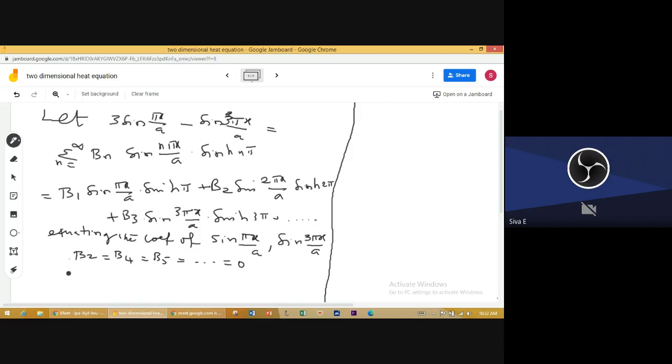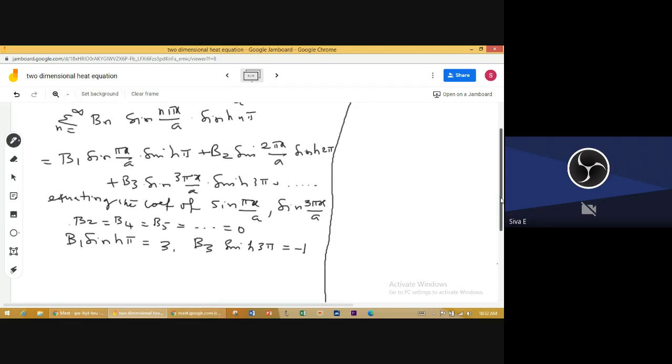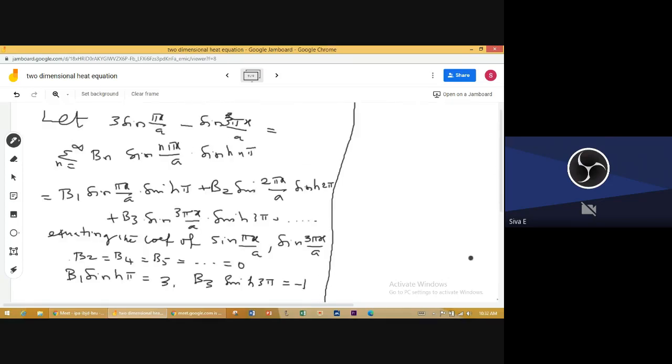When you are equating, b1 sinh pi equal to 3, b3 sinh 3 pi equal to minus 1. Okay.